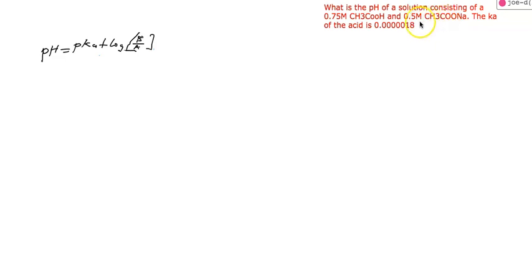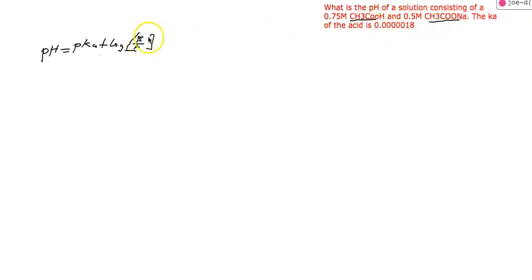The Ka of the acid is 1.8 times 10 to the power minus 5. So here we've got a buffer solution consisting of the salt, or the base, and a weak acid. So this is an acidic buffer. We've got a weak acid and its conjugate base, sodium ethanoate.